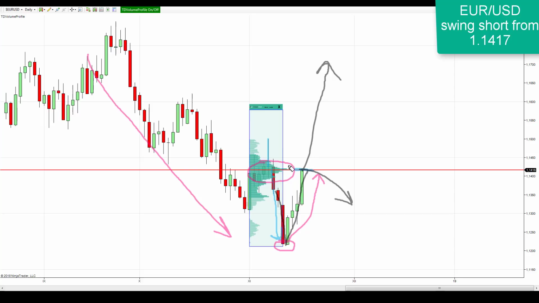So this is why the short is a bit risky, but I think that it's definitely worth taking because those volumes and this strong rejection are a pretty good confirmation of the resistance zone. So there is a pretty high chance that the price will turn and it will go into a sell-off again, but there's also the risk that the price will go past the level. But I think that in this case it's worth to take the risk.